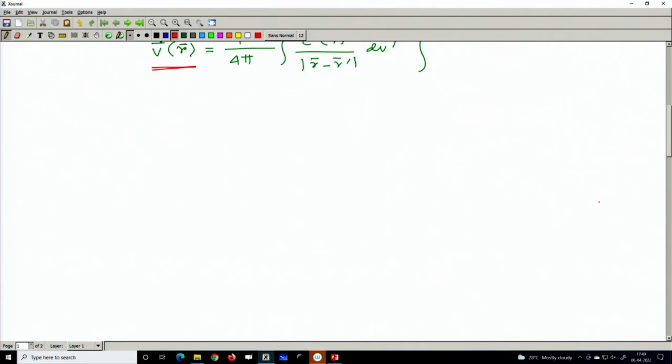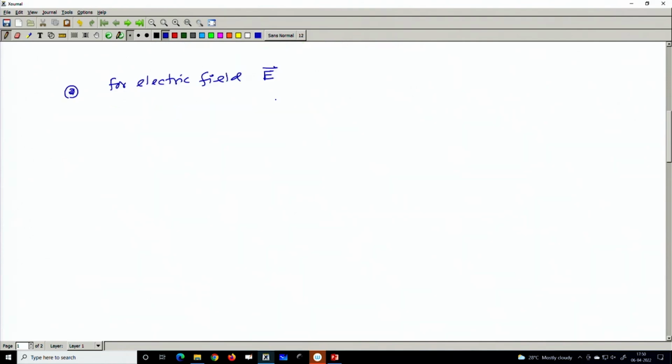Now we are going to use this for the electric field E and magnetic field B to find something. We will do that later also, but right now I would like to show how it works for a given electric field and magnetic field. For the electric field E, I have two Maxwell's equations that are known.